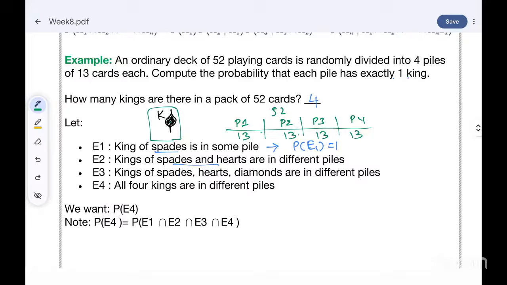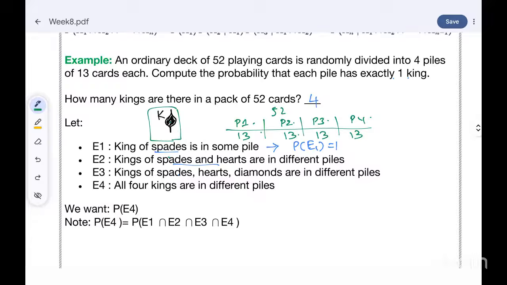E1 is the event of king of spade in any one of these piles. Okay. So king of spade is going to be either in P1 or P2 or P3 or P4. Now, what is the probability that this king is there in any one of these piles? Probability means the chances. With that 100%, you know that it is going to be there in any one of these piles. Yes or no?